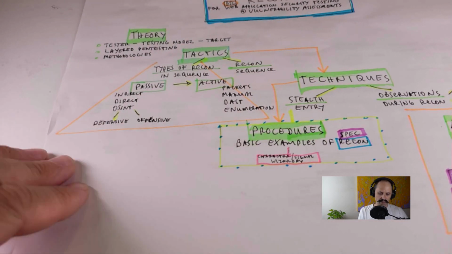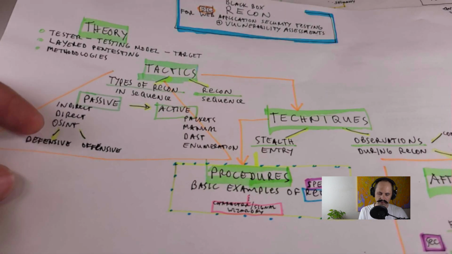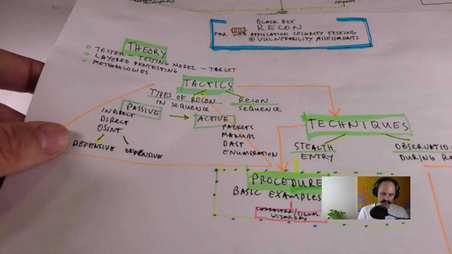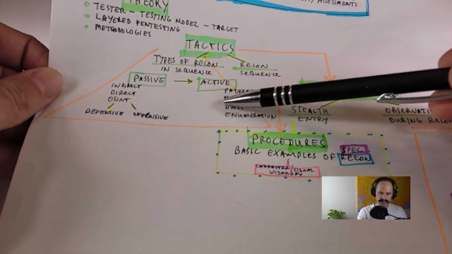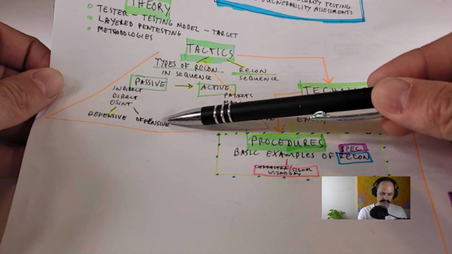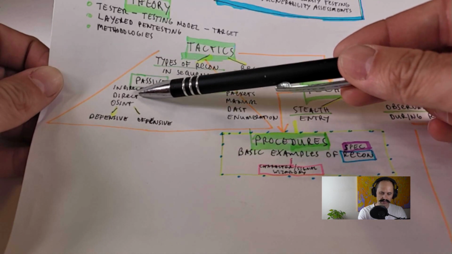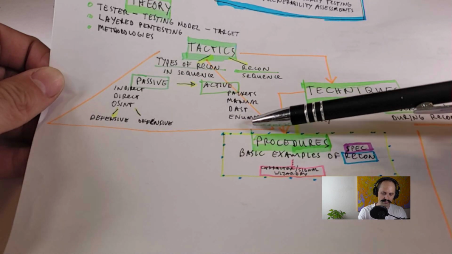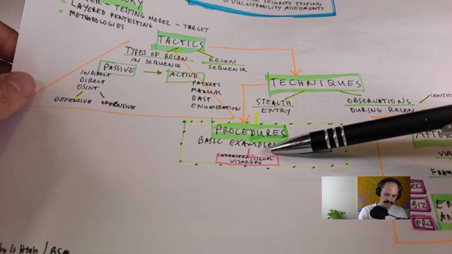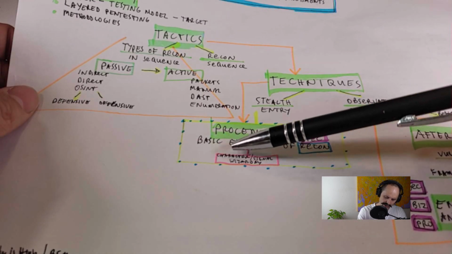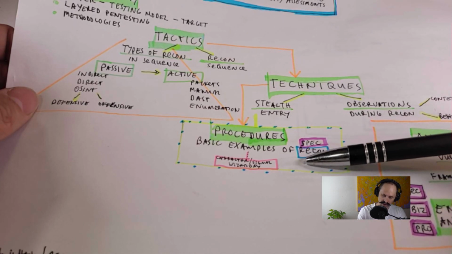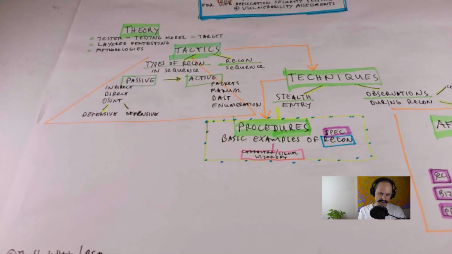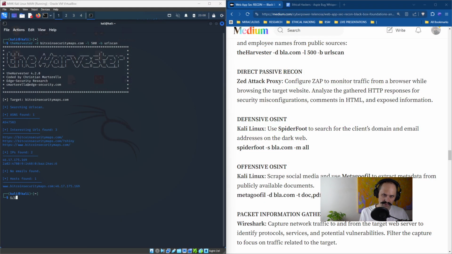So on this map of the article, where we are is we are exploring the actual procedures of the tactics. So we're doing the passive, indirect, direct, and so on, and we're going to move into active later on. We're exploring these examples here. We are doing character signal wizardry right now. This is our specialization in Recon. Let's get back to the article with the actual example of OS within OS.